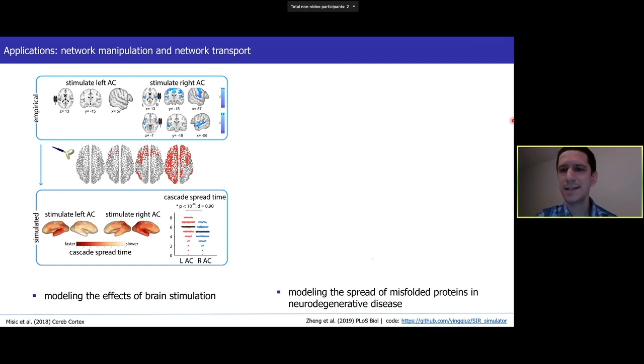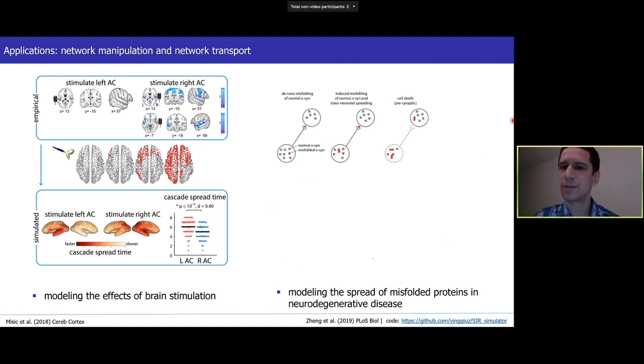So diseases where normal proteins misfold and spread via brain networks. And what's really happening in these types of diseases is that these misfolded proteins cause healthy proteins, shown here in gray, to misfold themselves, and they spread transsynaptically from cell to cell like an epidemic.